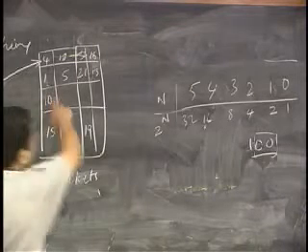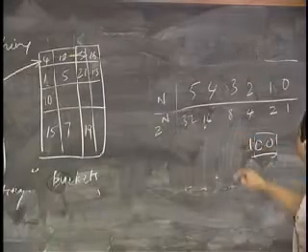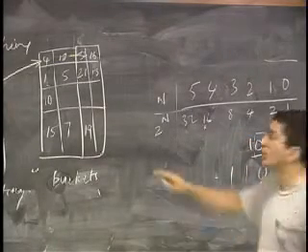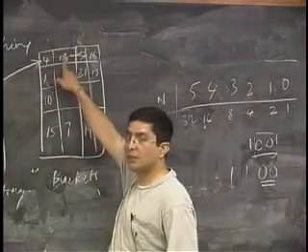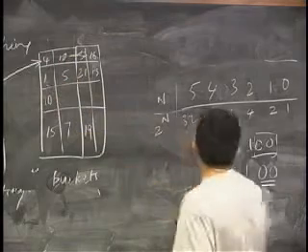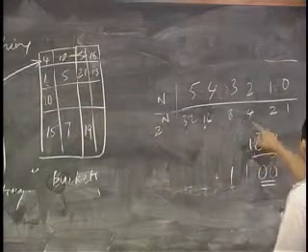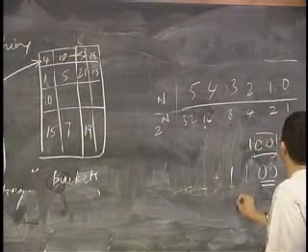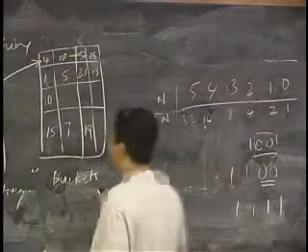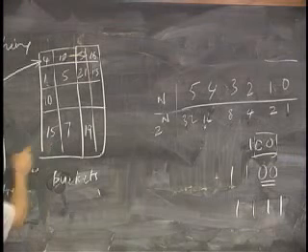The same would happen if it was 12. 12 would be 1100, so the last 2 digits are 00, so it maps here. Same for the rest. If we take 15, 15 would be 1111, and so 15 is going to map here.